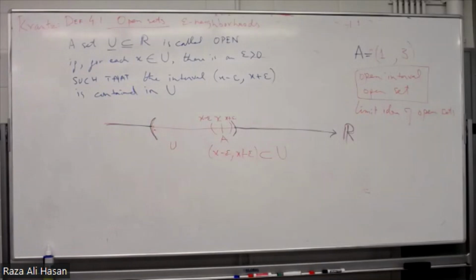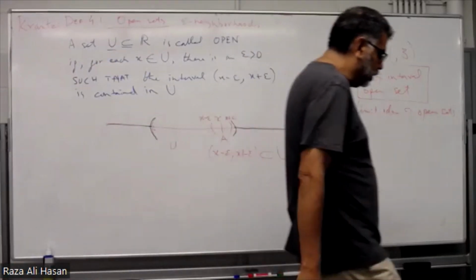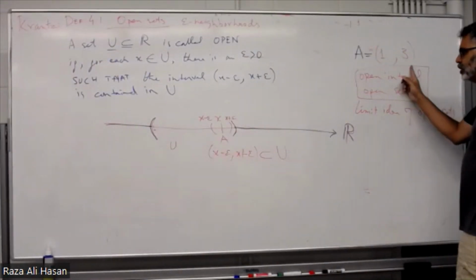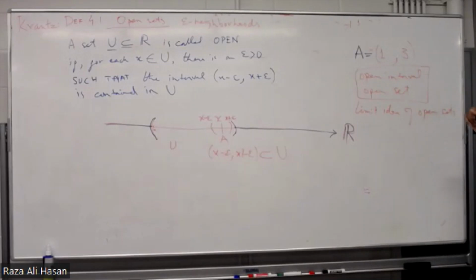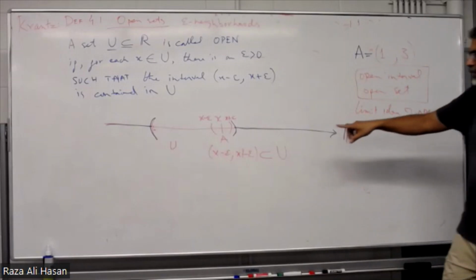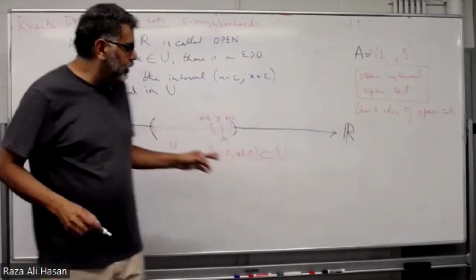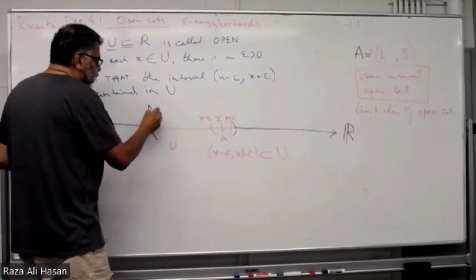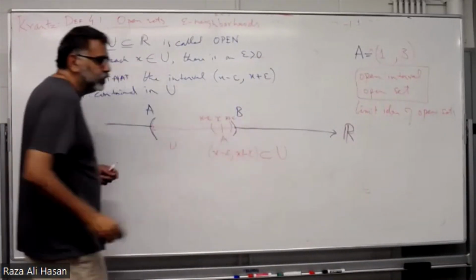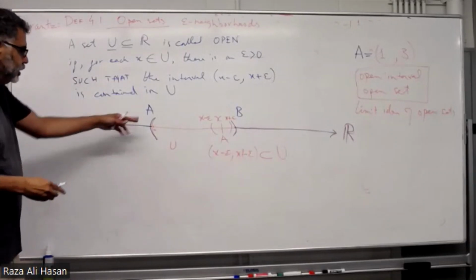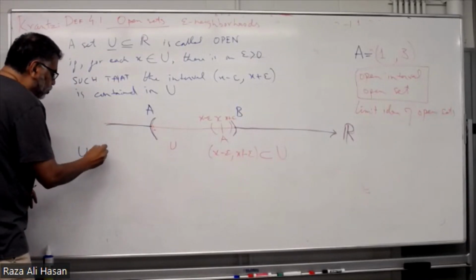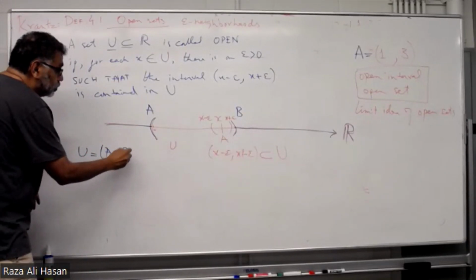This is an open set because the endpoints, both the left and the right, are not included in it. It's also called an open interval, but this is not the general open set. In fact, these could be its endpoints, so this U could actually be (a, b).